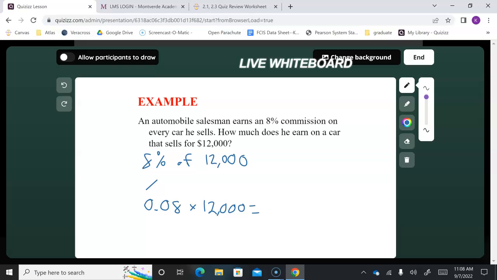So, how much money did he make? $960. Not bad for a few hours work. Pretty straightforward. Uno más.